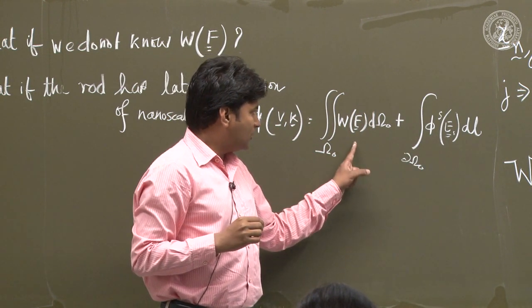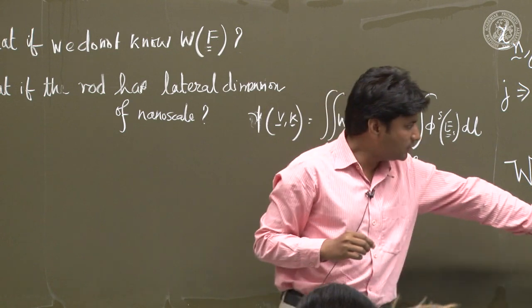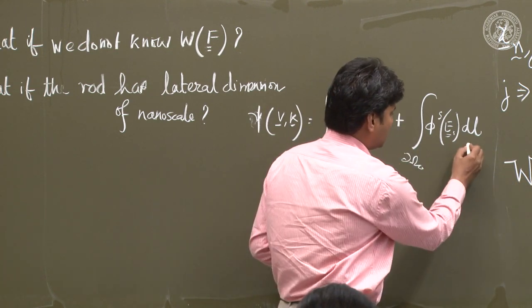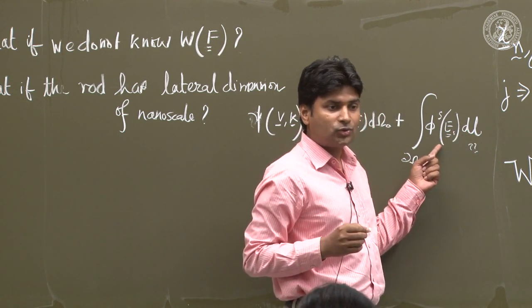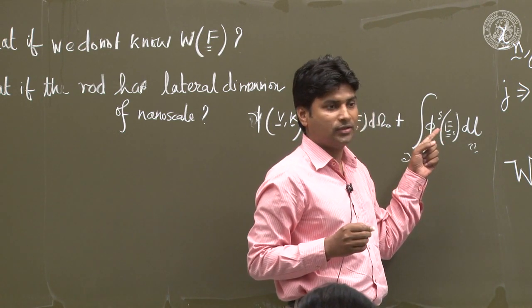Now, the first integration is something you know how to get, right? But how do you get the second integration? Because this requires that you should know the form of this phi s, surface energy.